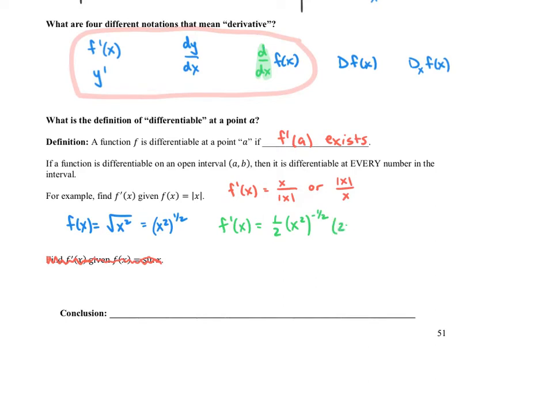Chain rule says we multiply by 2x. Now this can simplify because the 2 and the 1/2 cancel, and if you take a look at the exponent and make it a positive one, you have x divided by the quantity x squared to the positive 1/2, which again we defined as the absolute value of x.